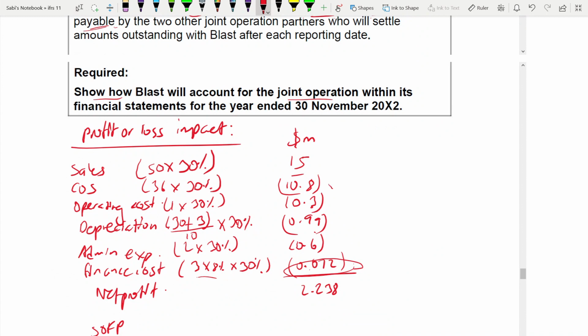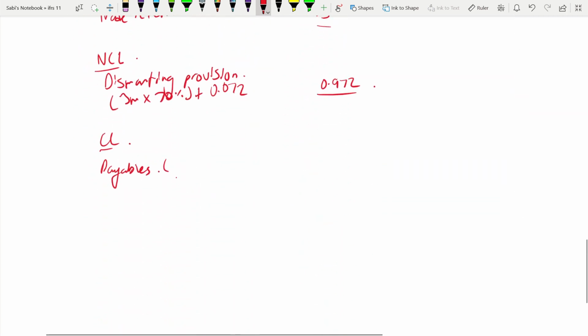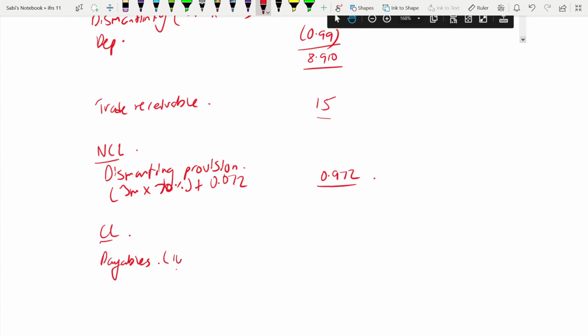So one is cost of sales, 10.8, you are going to take. Then next is operating cost, 0.3. Depreciation you have already taken for your non-current assets, so you don't take it again. Finance cost also you don't take again, it's already taken in the long-term liability. What is left is admin, 0.6. So only three costs go: cost of sales, operating, and admin expense. Add here 10.8 plus 0.3 plus 0.6. It gives you 11.7.